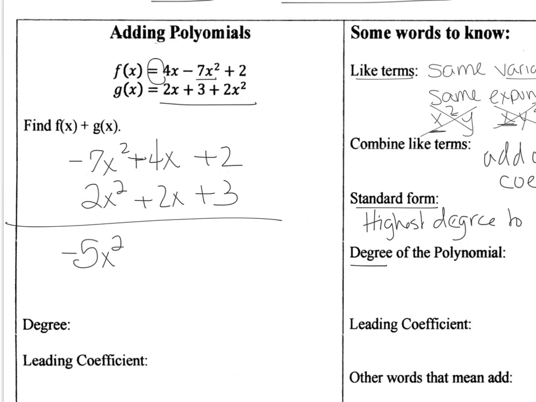So now I have -5. So same thing here. I have 4 x's and 2 x's. So if I add them all together, now I have 6 x's. Notice the exponents don't change for any of these kinds of things. It's just adding them. You add those coefficients. You're determining how many of those you have.